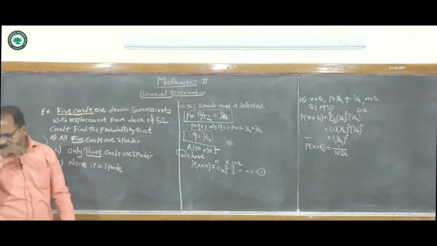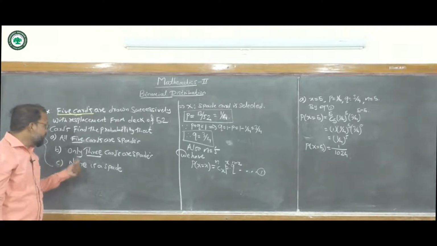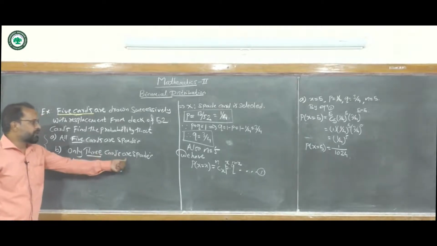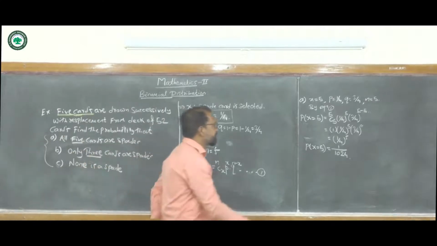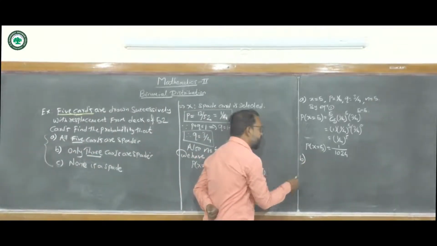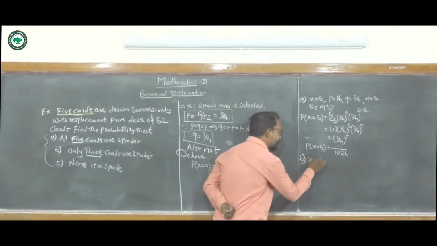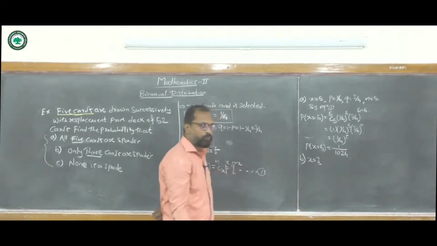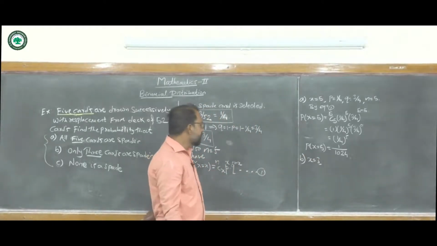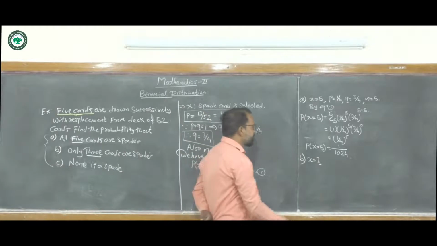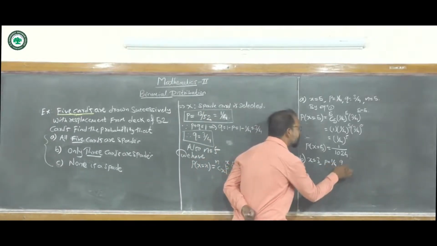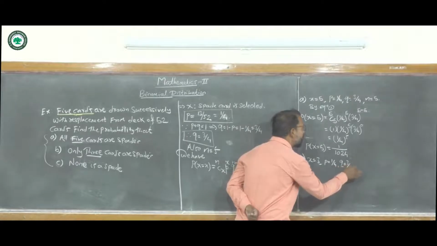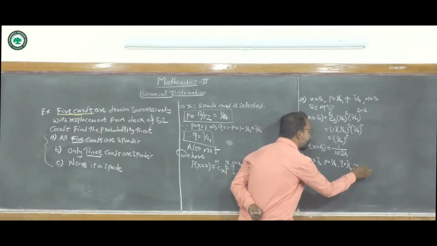Now next one. Next is only 3 cards are spade cards. We have to find the probability that 3 cards are spade cards, that is, when x equals 3, we have to select 3 spade cards. The remaining terms are as they are: P equals 1 by 4, Q equals 3 by 4 and n equals 5.